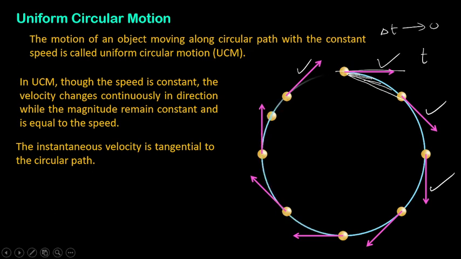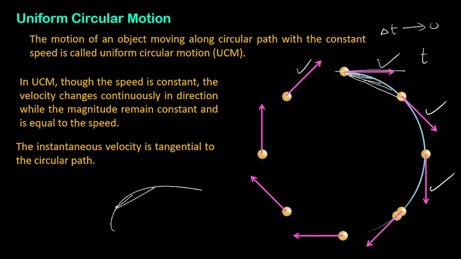It is not only tangential when it is a circular path, but whatever the path, whatever the curved path it may be, the instantaneous velocity is always tangential to the path of motion because displacements almost merge with the tangent to the curved path, and velocity is always in the direction of displacement. So instantaneous velocity is always tangential.